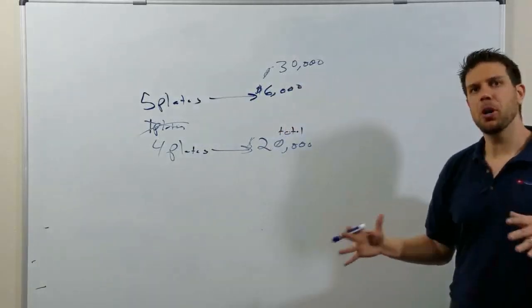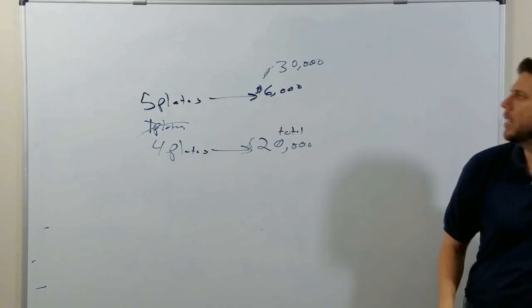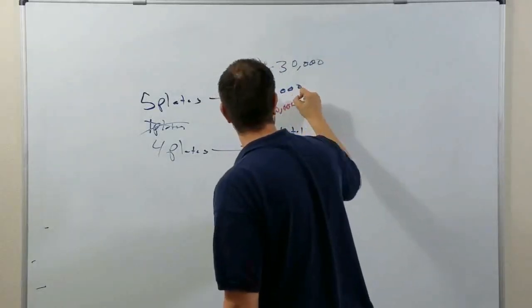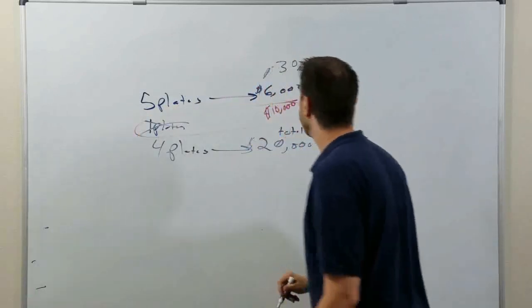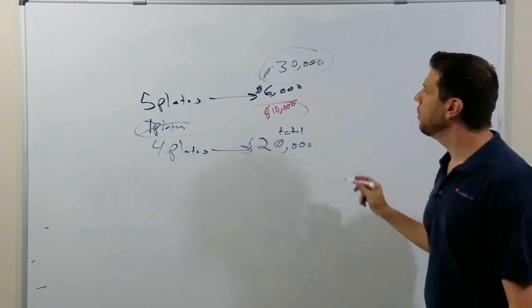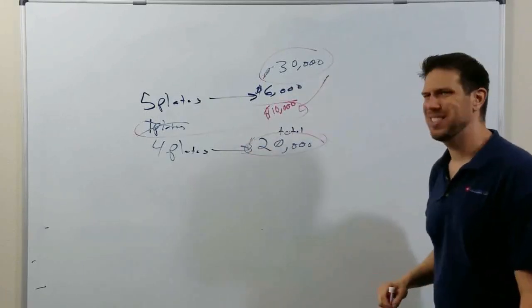Since the plates are part of a set, they all go together, the insurance company is going to pay you $10,000 for the one plate. Because when they were together, they were worth 30, but without one, they're only worth 20. The amount you lost was 10.